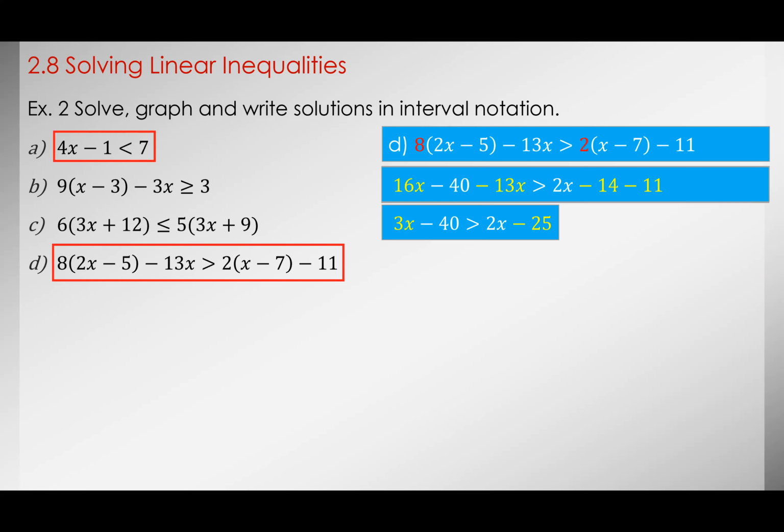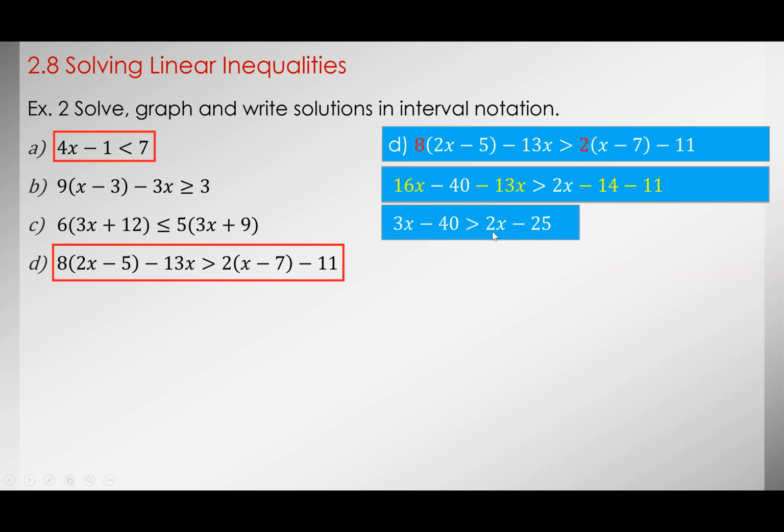You just do whatever operation they tell you to do, which in this case is 16 take away 13, so you have 3x, and negative 14 and negative 11 give you negative 25.